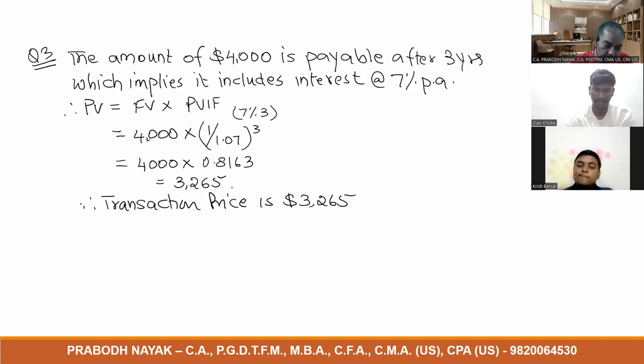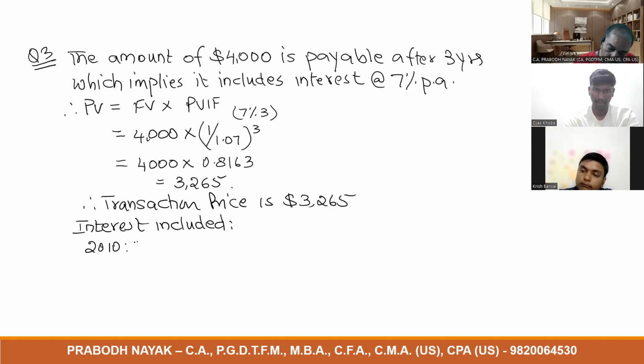Now for the interest calculation. For 2010, the interest is 3265 multiplied by 7%. So that comes to 229.